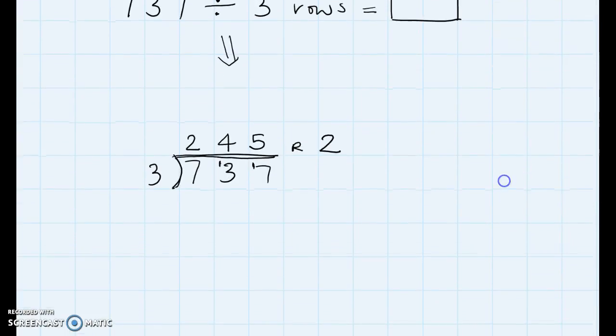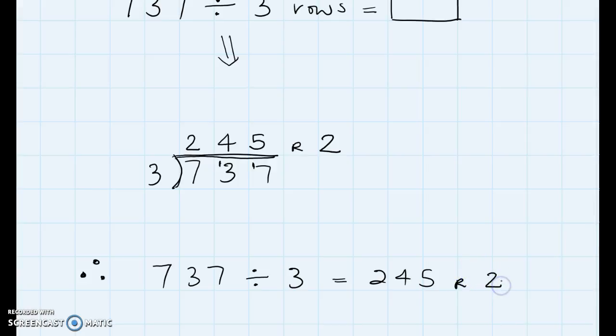So therefore, 737 trees divided into 3 rows will give us 245 trees in each row, and then there's 2 left over on the side.